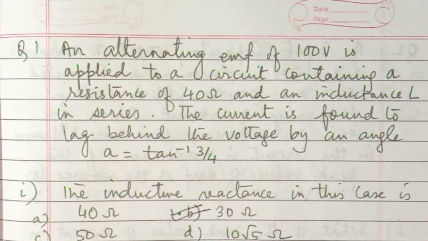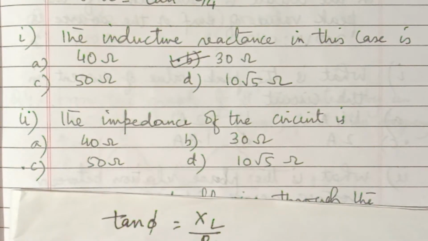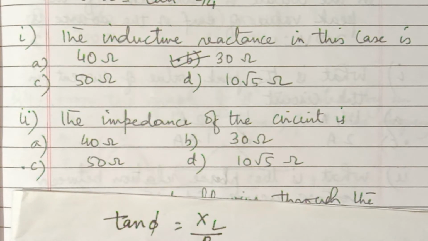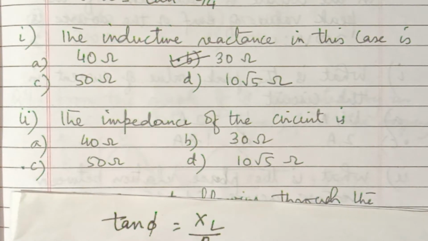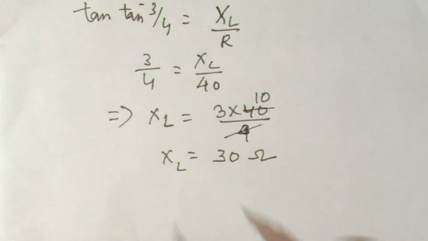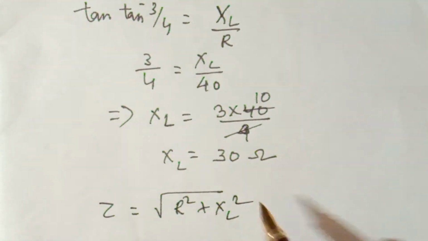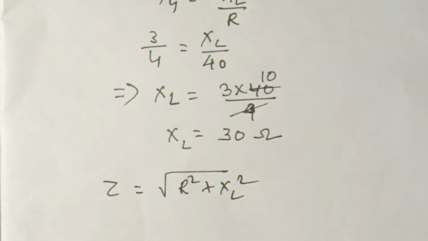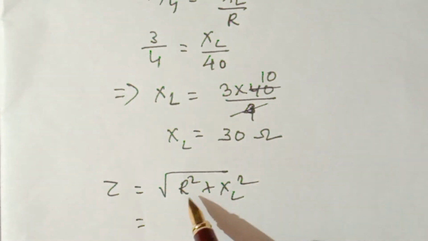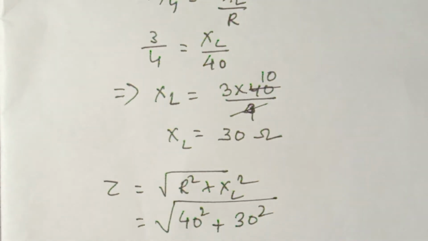Yes, so 30 ohm is the inductive reactance XL. Then we'll go to the next question: the impedance of the circuit. Here inductance and resistance are there, so two components. The capacitor is not there, so the impedance will be root over R square plus XL square. R is 40 and XL we have got 30.